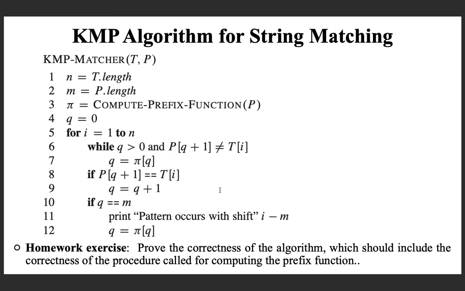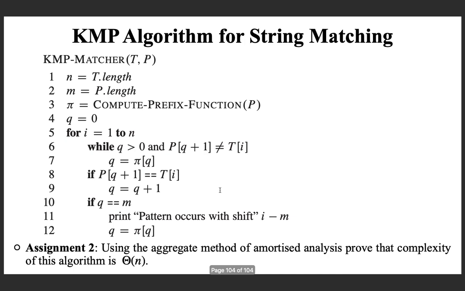Now I am giving you a homework exercise to prove the correctness of this KMP matcher, and I am also giving you an assignment for you to analyze this algorithm and to see that the complexity is theta of n.